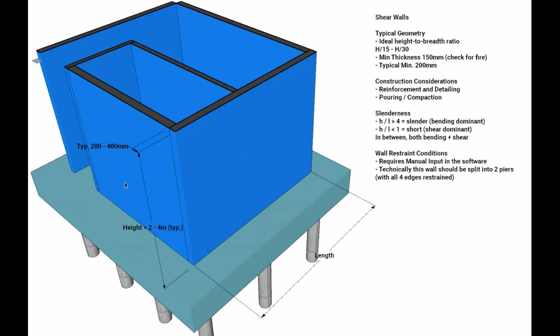Finally, a little bit about the restraint conditions of the wall. Within MasterSeries, you'll need to manually input this for each of the wall panels that you're designing, which Andras might get into a little bit later. But to use this wall as an example, the wall that we're using won't automatically assume restraint from the internal wall.